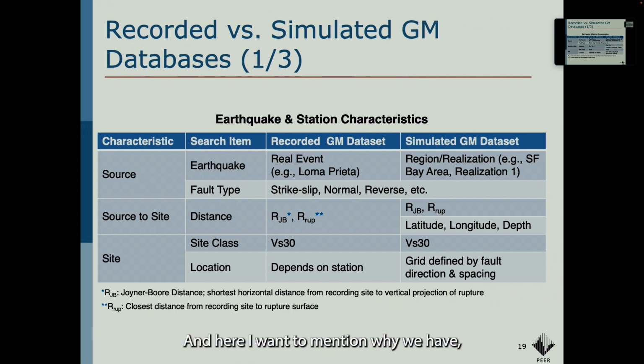And here I quickly want to mention why we have this combination here. We obviously need the region because, as we heard through the presentations in these 2 days, physics-based ground motion simulations require the fault rupture modeling plus the wave propagation along distances.